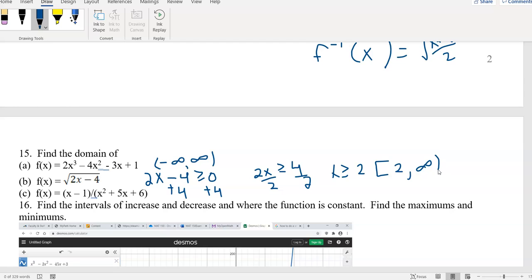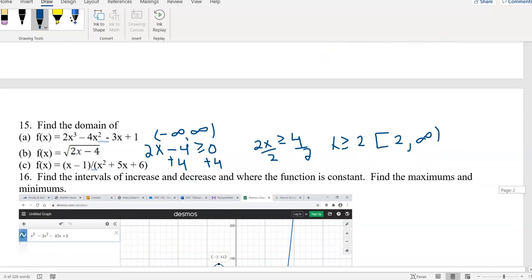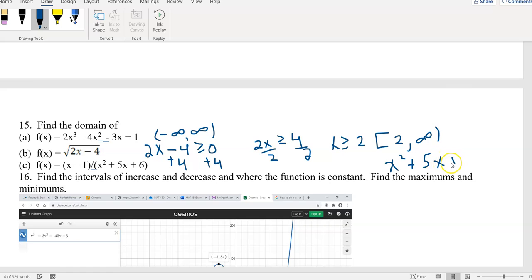All right, now let's look at C. C, we have a fraction. And remember, we're not allowed to have 0 in the denominator of a fraction. So let's set the bottom to 0 and see what will cause us to have 0 in the bottom of that fraction. So we'll have x squared plus 5x plus 6 equals 0. That factors. Let's notice factors of 6 that add to 5 are 2 and 3.